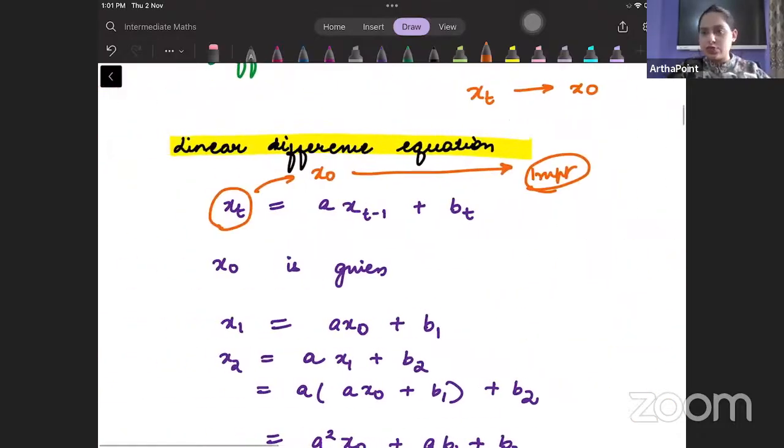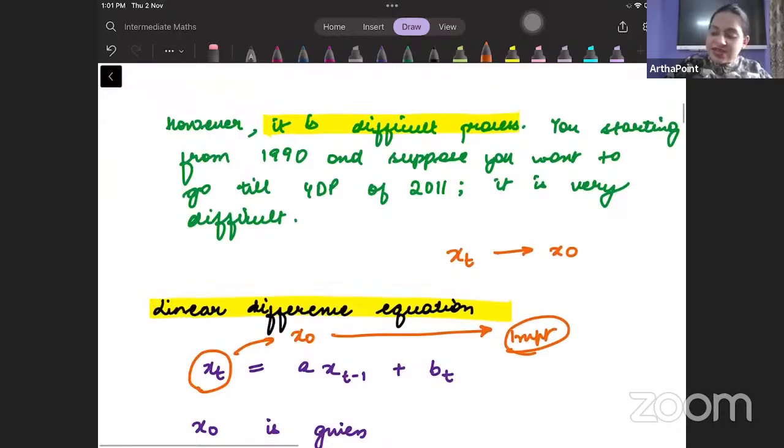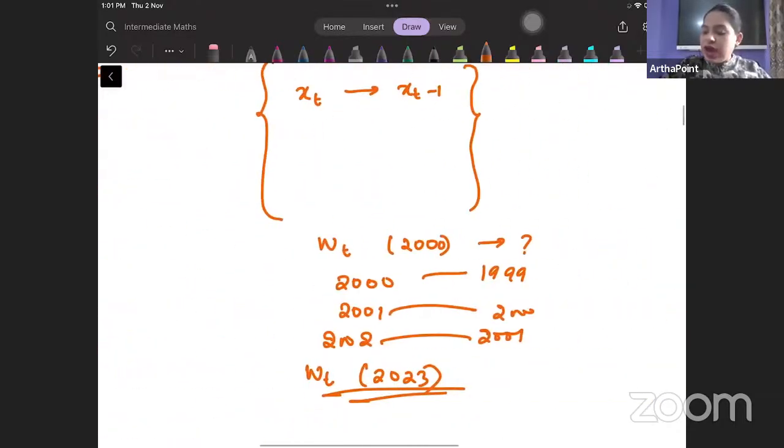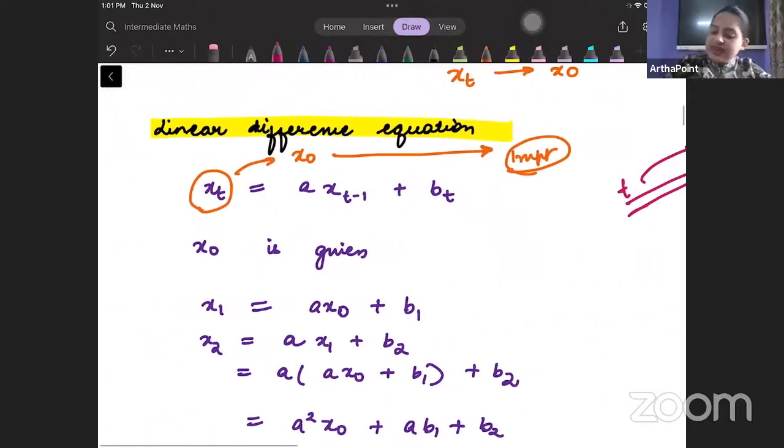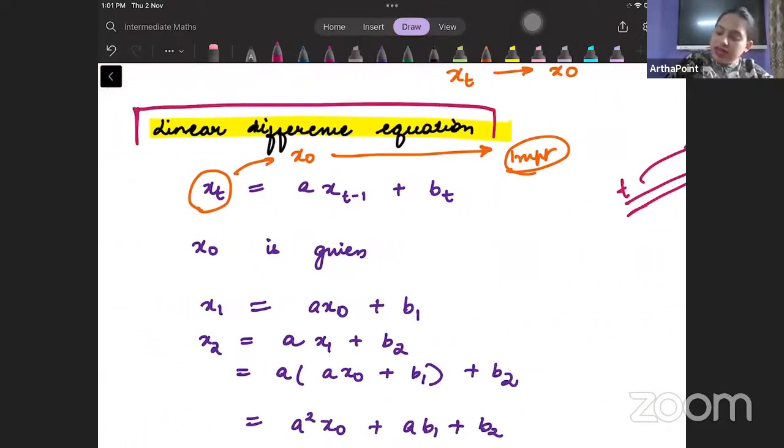You can't repeat this process so many times. That is a difficult thing to do. So you need to find a way to find an equation based on the base, how each time period t can simply be linked to x naught. And that is what I want to do here. Linear difference.